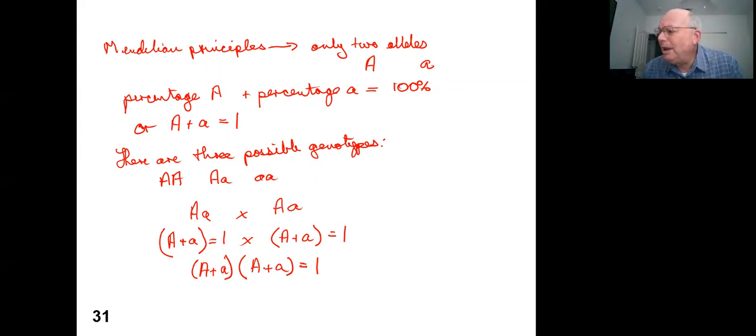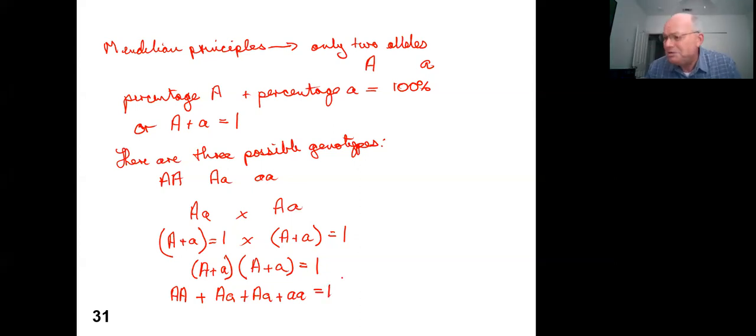So we multiply big A by big A, and that gives us big A squared, plus big A multiplied by little a, which is big A little a, plus big A multiplied by little a, plus little a multiplied by little a, or little a squared, and that must all equal 1.